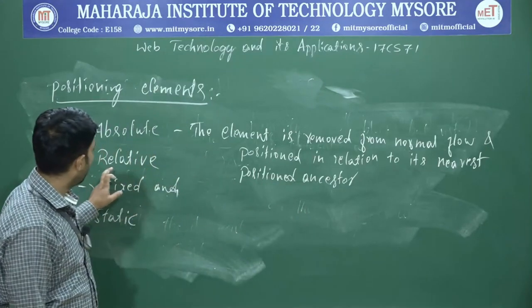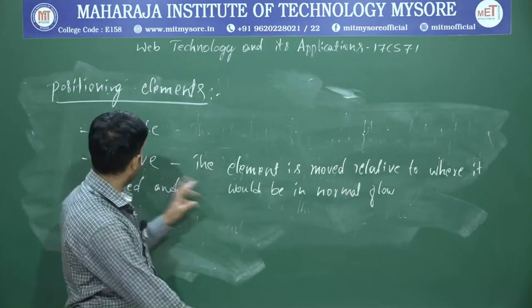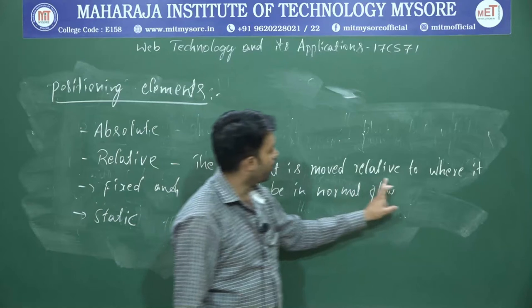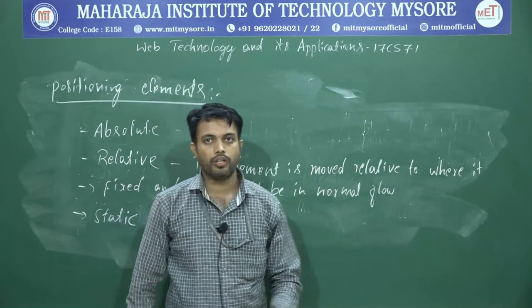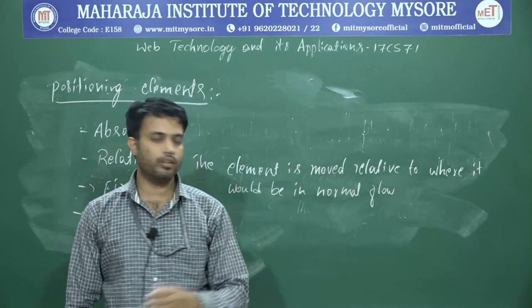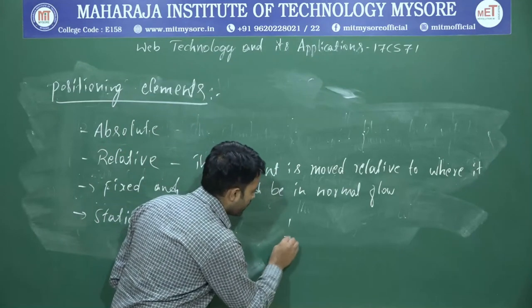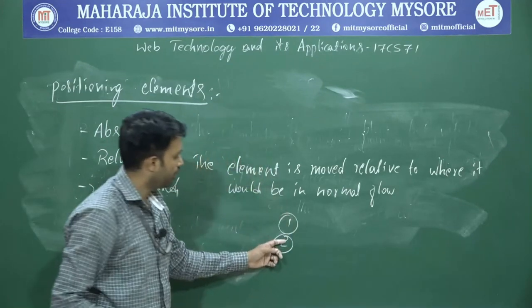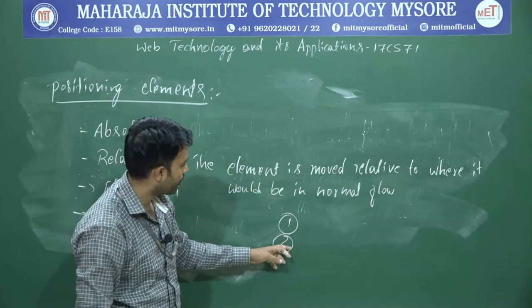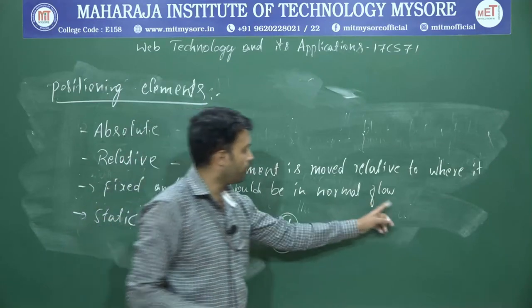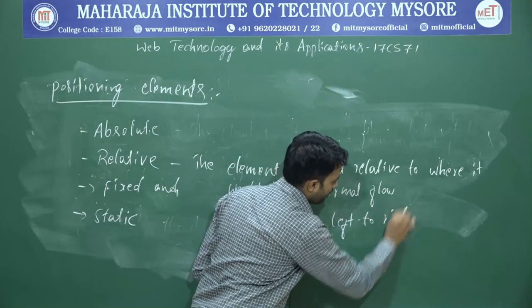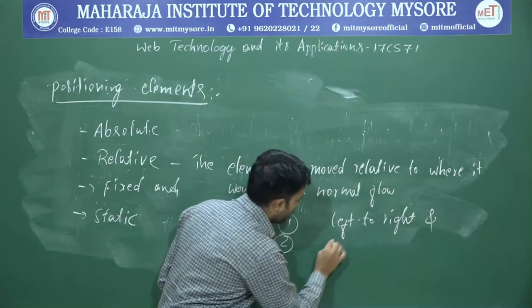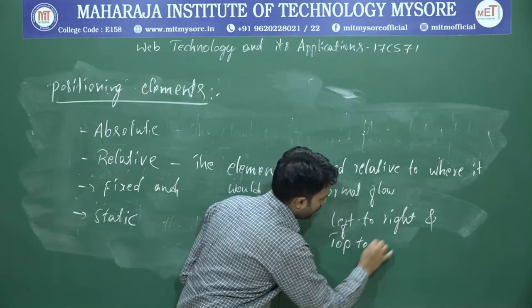And next one is relative. The element is moved relative to where it would be in the normal flow. In a normal flow, the first element, then the second element, will follow that normal flow, that is left to right and top to bottom.